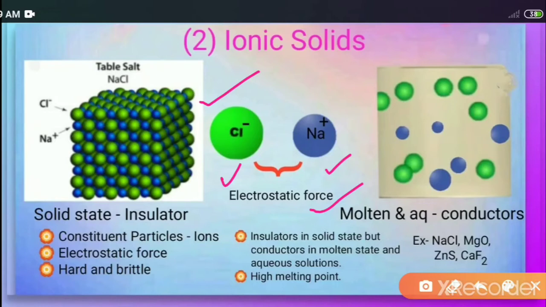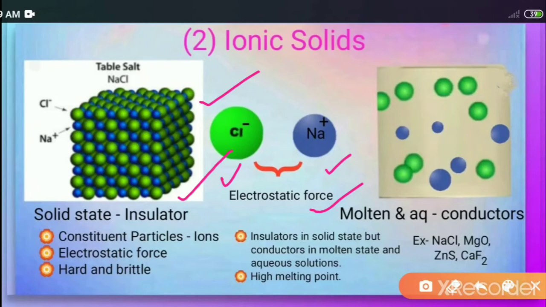Here the ions are the constituent particles, and such solids are formed by three-dimensional arrangement of cations and anions bound by a strong Coulombic force.